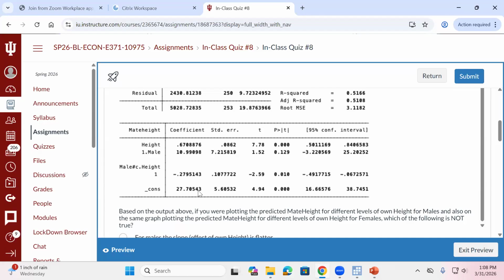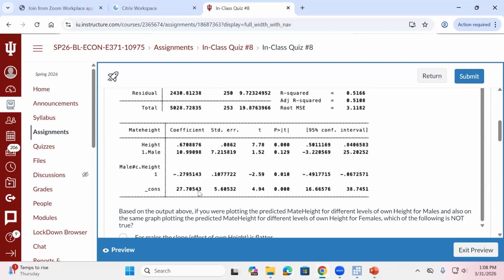The interaction term, multiplied by 0 for females, would be 0. So for females, the only effect coming from height is beta 2, the coefficient on height, 0.671. That change in the predicted mate height is simply that coefficient associated with the continuous variable.